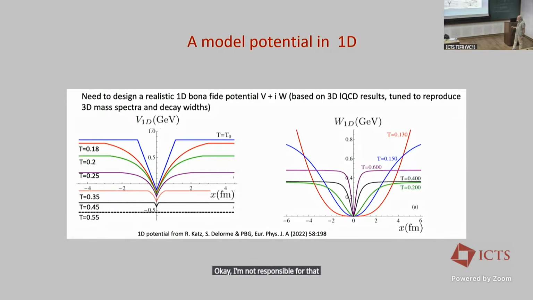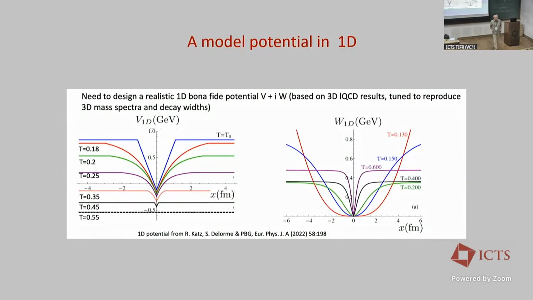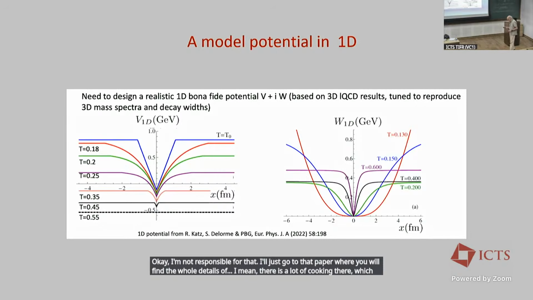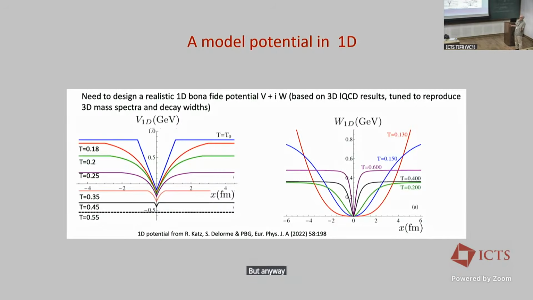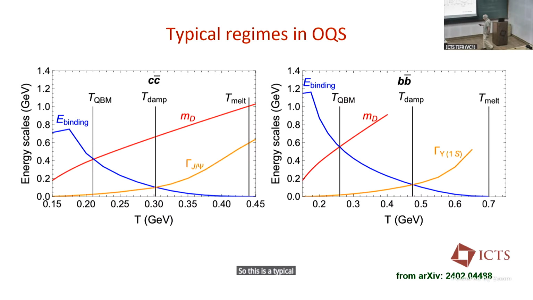Go to that paper where you will find all the details; there is a lot of cooking there which I don't remember in detail. But anyway, there is a real part and an imaginary part, and this is what I want to exploit. This is a typical result that characterizes the regimes which we want to explore.